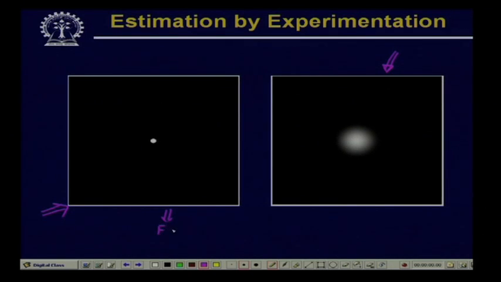Now, if I take the Fourier transform of this, it is going to give me F(u,v), and if I take the Fourier transform of this, it is going to give me G(u,v).